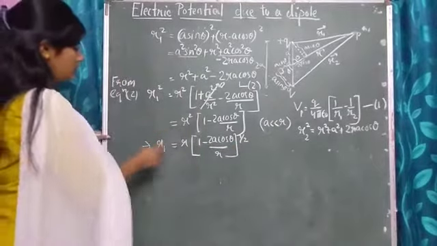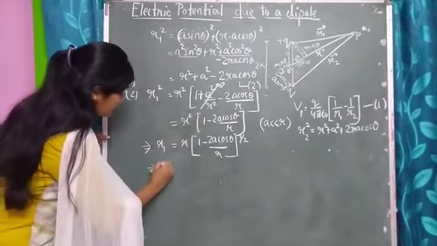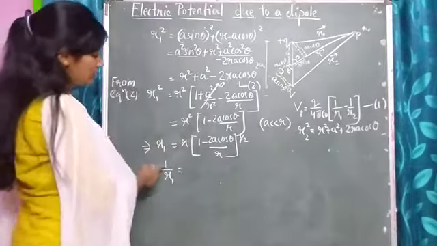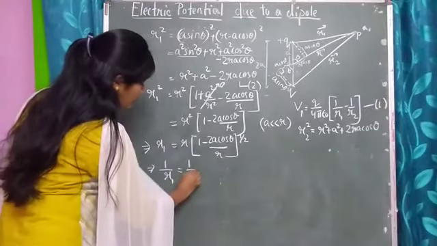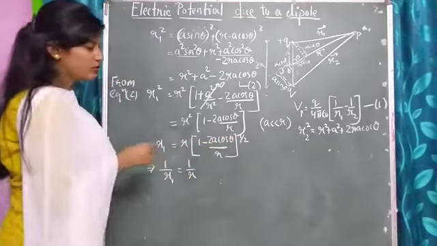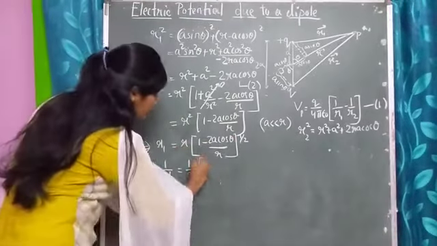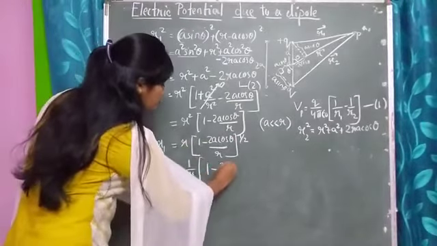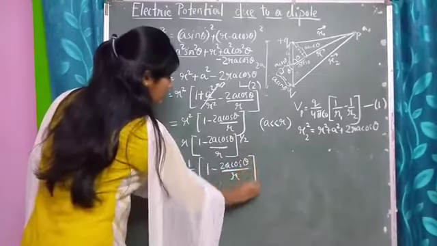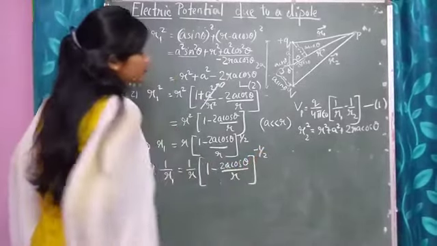Now let us take 1 by r1. So 1 by r1 will be 1 by r, and this half becomes minus half. So 1 minus 2a cos theta by r to the power minus half.